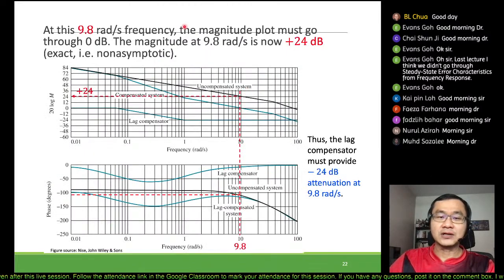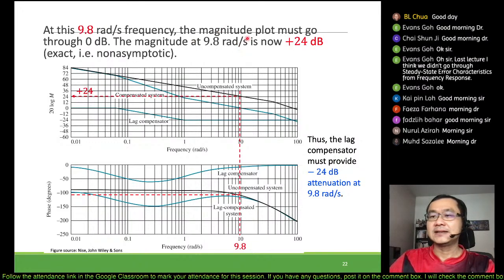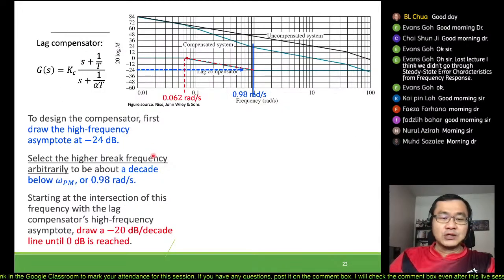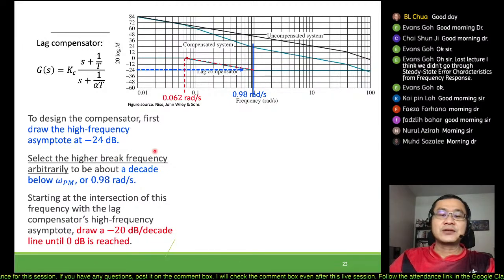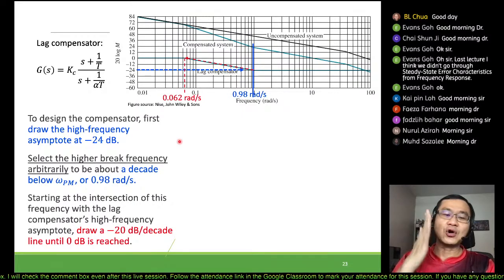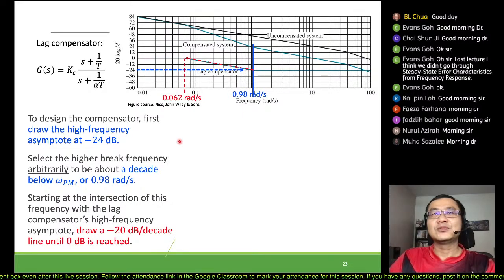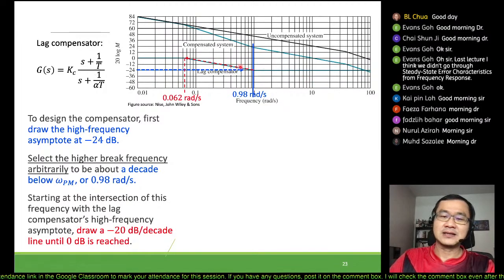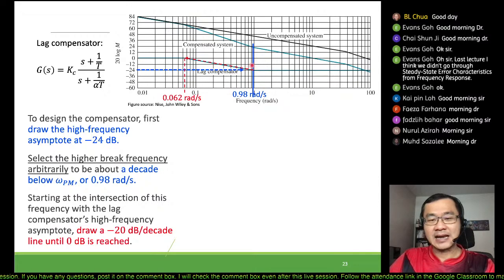Previously we were talking about 9.8 radian per second. What we want is to set the higher break frequency about a decade below the break frequency that we want. That's why we select 0.98, one decade before that. So at that particular line we cross it, and we found this point.